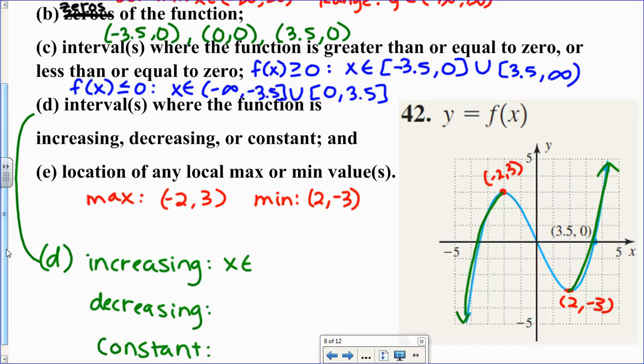So two different places where I'm increasing, so two intervals. You'll connect them with a union sign. So that's negative infinity to negative 2. Increasing, decreasing, constant, only use parentheses. Okay, and then I have from positive 2 to positive infinity.